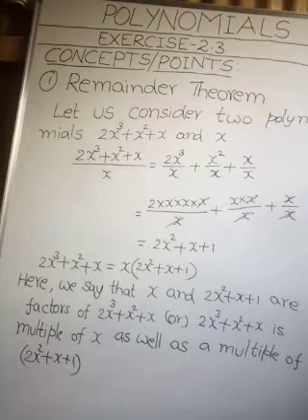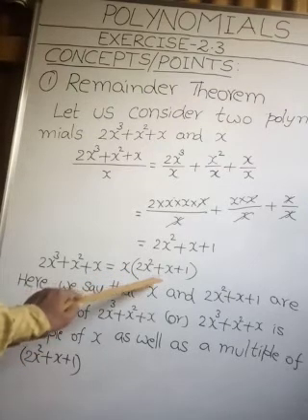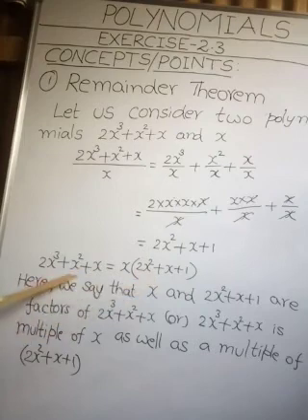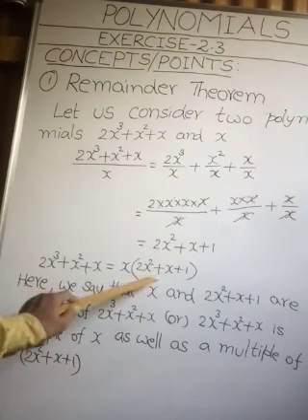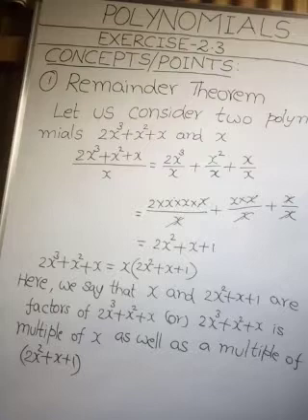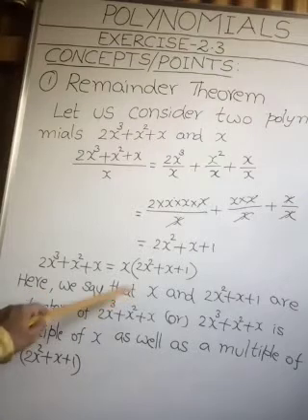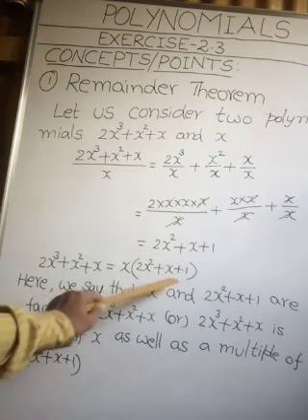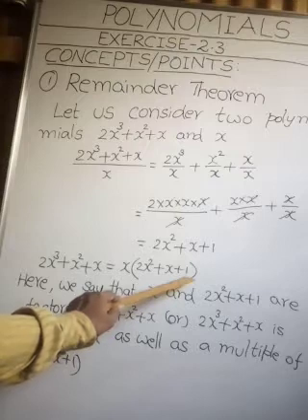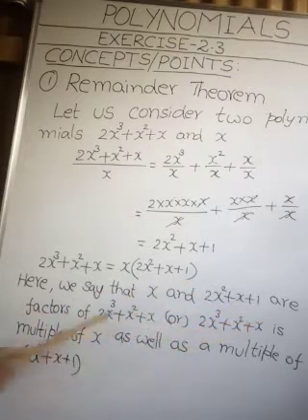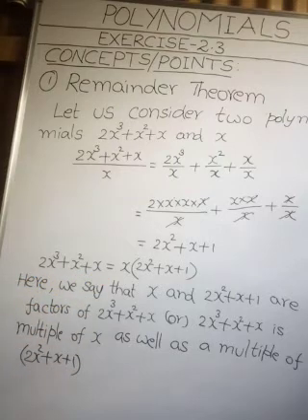Here we did not get any remainder. This is a divisor and this is a quotient. Dividend is equal to divisor into quotient. In this case, we say that x and 2x square plus x plus 1 are called factors of 2x cube plus x square plus x.